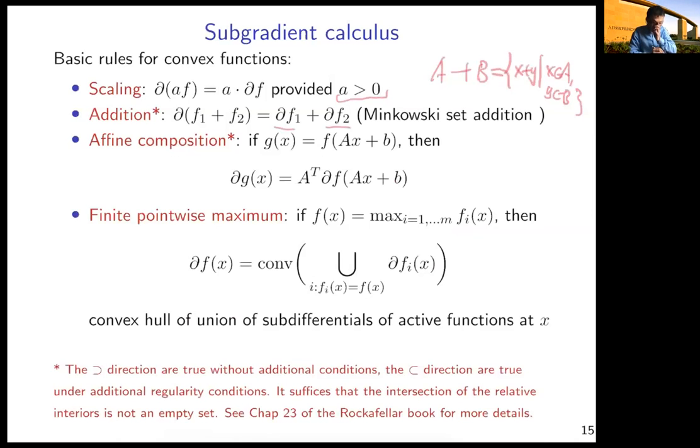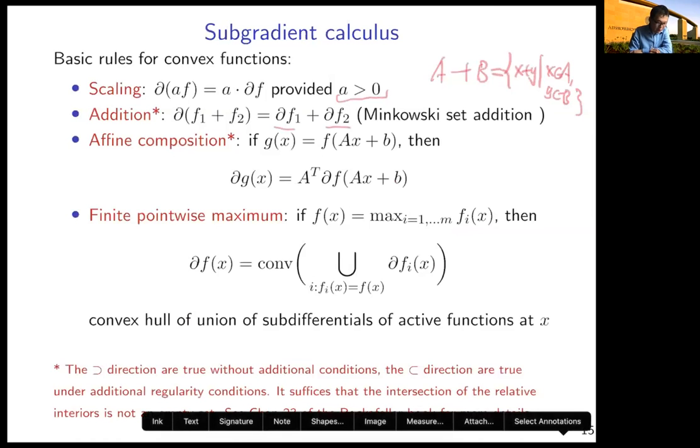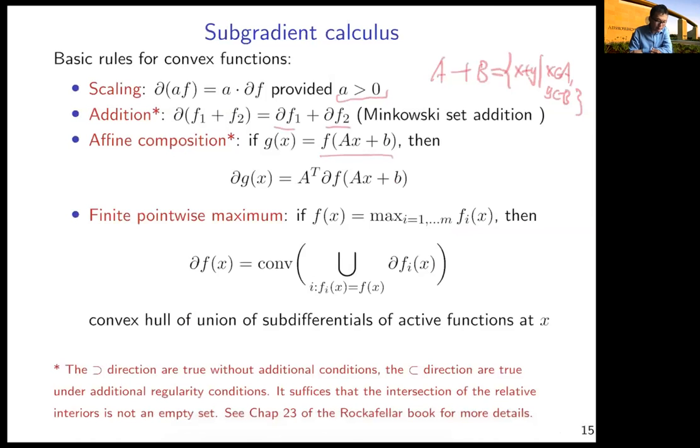More generally, we can do the affine composition of functions, with a convex f and affine Ax plus b. Notice that this is one of the rules that preserves convexity, right? If f is convex, then substituting any affine argument into the function f will retain its convexity in the argument x.